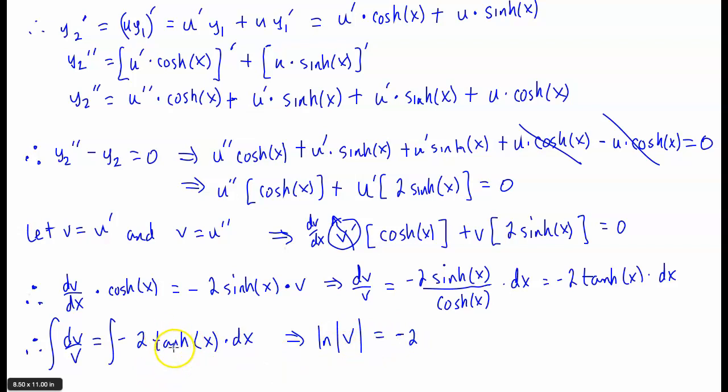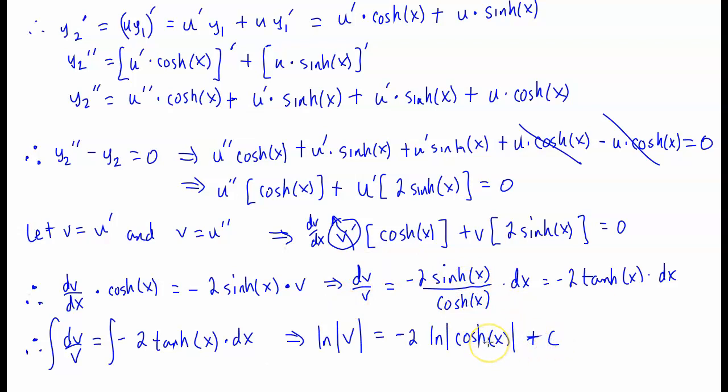And we know here that the antiderivative of tangent hyperbolic here is going to be natural log of absolute value of cosine hyperbolic. And that's very similar to saying that the antiderivative of tangent of x is going to be negative natural log of absolute value of cosine, okay? But notice that we don't have the negative there.